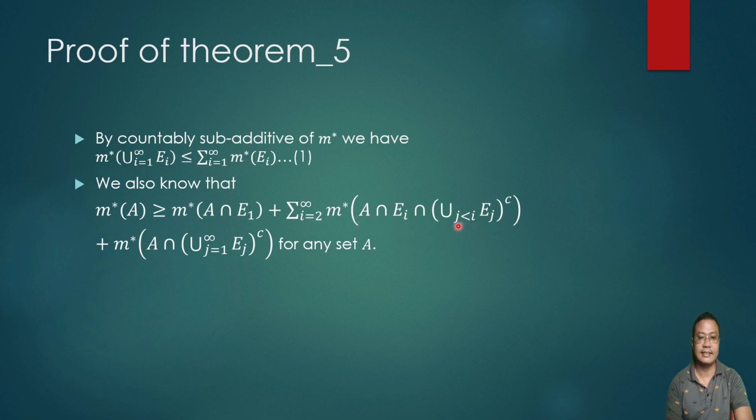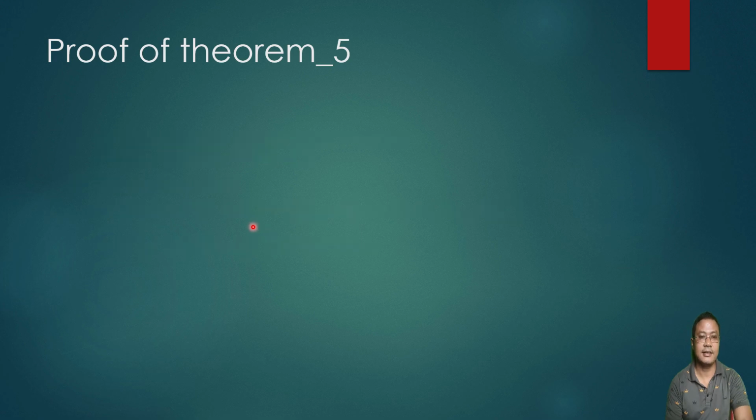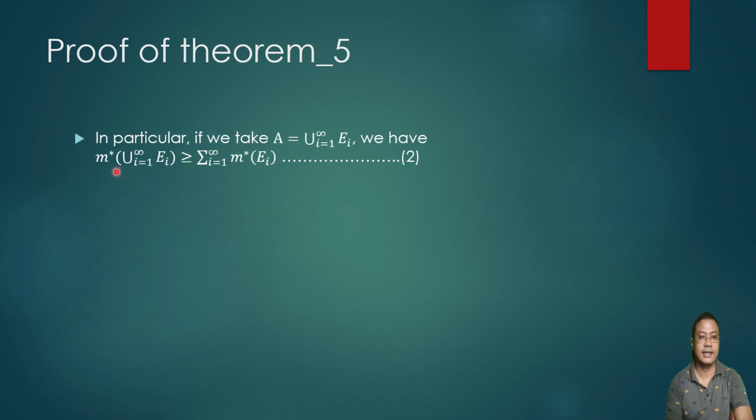But if you take A equal to the union of E_i, then you take the complement here, that is the empty set. So the outer measure of the empty set is 0. Therefore, this only remains. And this is the summation of the outer measures of E_i. That is why we are writing here. Okay, we have this inequality. So combining inequalities 1 and 2, you get exactly equality.